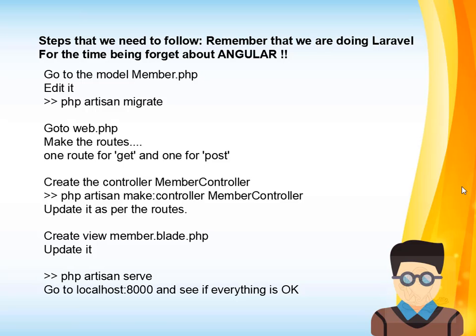So with these steps, we are completing the backend with Laravel. So guys, let's go to the actual scenario where I am going to show you all the screenshots of what is happening in these steps.